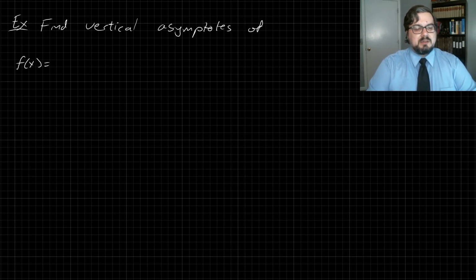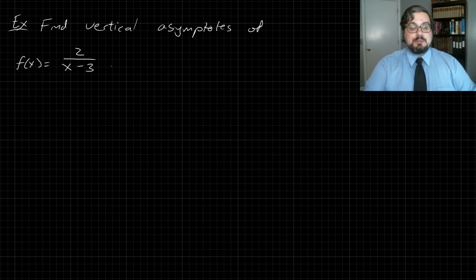So let's find the vertical asymptotes of f of x equals 2 over x minus 3. Now this is a very simple rational function. It's just a constant over a linear term.